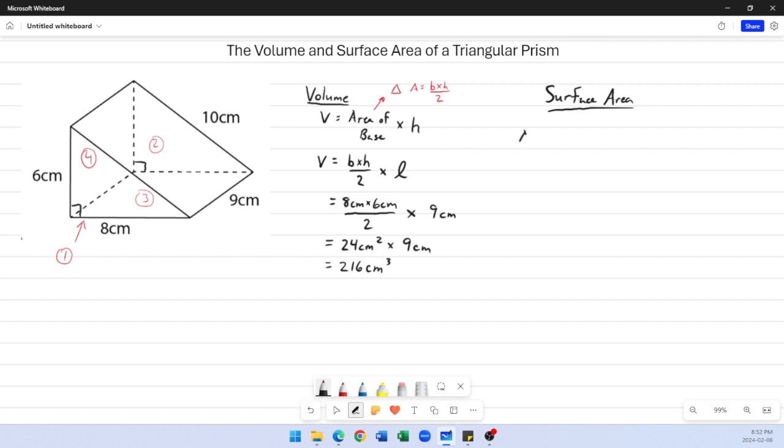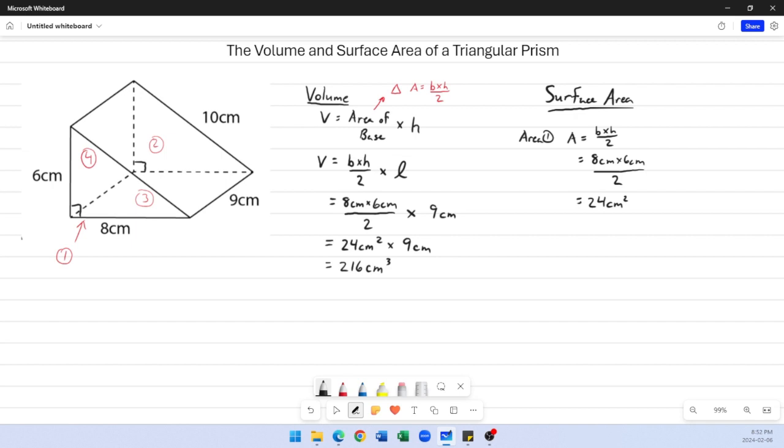So the first thing we'll do here is the area of 1. The area is equal to base times height divided by 2, which is 8 times 6 divided by 2. 8 times 6 is 48, divided by 2 is 24 square centimeters.